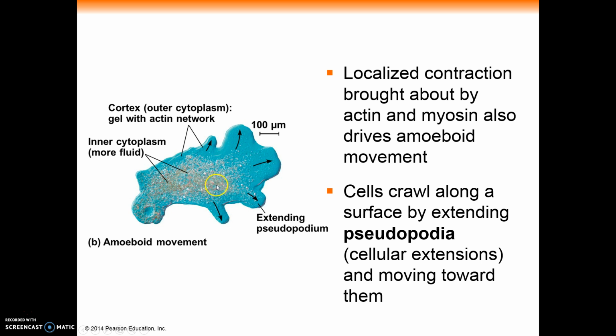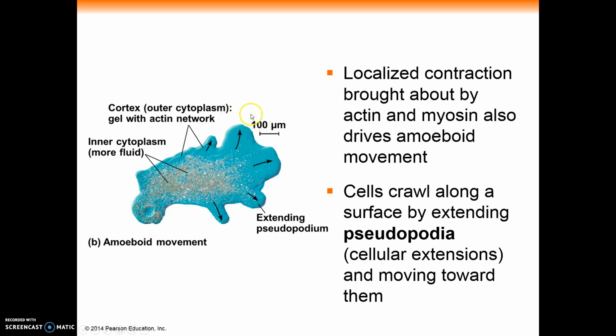Here we have an example of an amoeboid type cell. You guys have probably seen images of amoebas crawling around. They move by sending out protrusions, or pseudopodia, that move the cell forward.